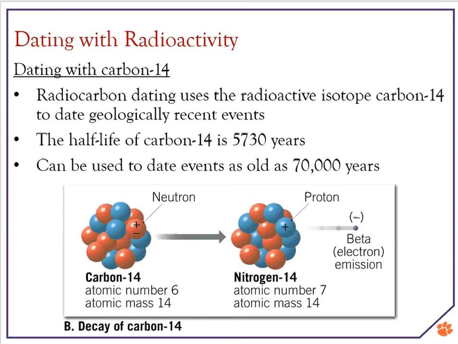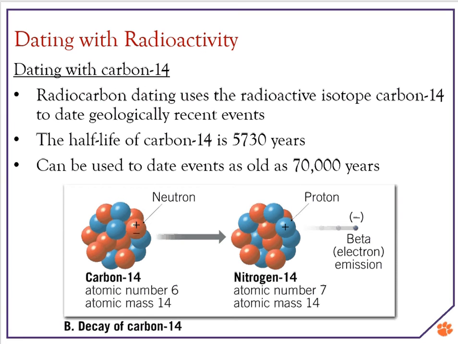There is also carbon-14, which is another isotope that we can use for dating. We specifically call this type of dating radiocarbon dating. And in this case, we use this carbon-14 isotope for dating geologically recent events because of its half-life, which is only 5,730 years. And we can use this method for dating events as old as 70,000 years.